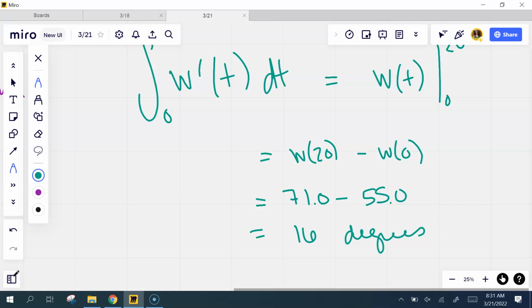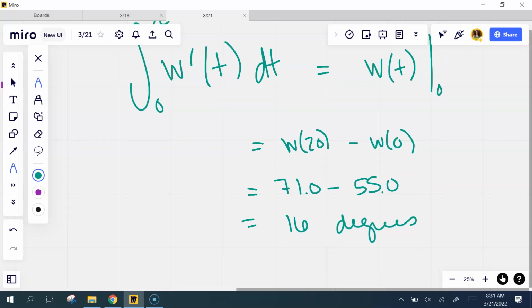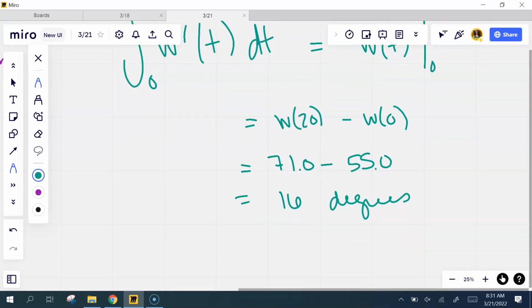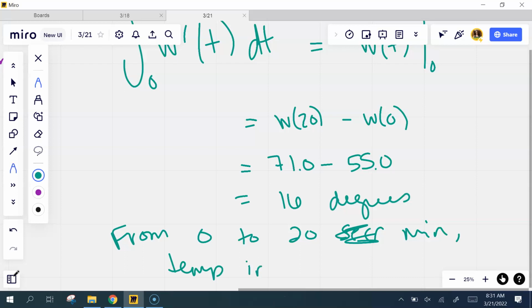The hard part of this one for me was the interpretation. I struggled a little with this interpretation. So what does that mean? If you do the area under the derivative, what does that mean? It's the total increase. That's exactly right. It says that over the first 20 minutes, from 0 to 20 minutes, the temp increased a total of 16 degrees.